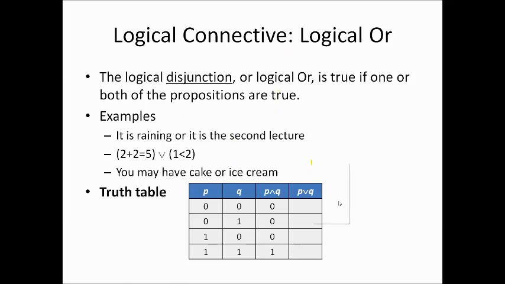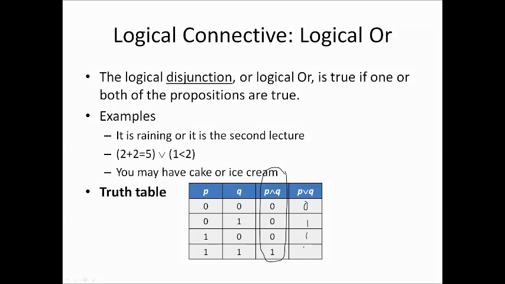Let me use my pen. Okay, so this is the logical AND. Now, let's try to solve for the truth table for the logical OR. So 0 plus 0 is 0, right? What about the next row? What's the next result? That's 1. And then 1 and 0, that's 1.